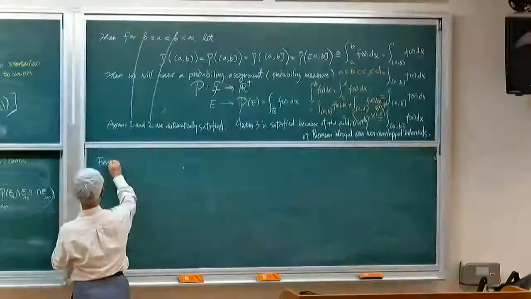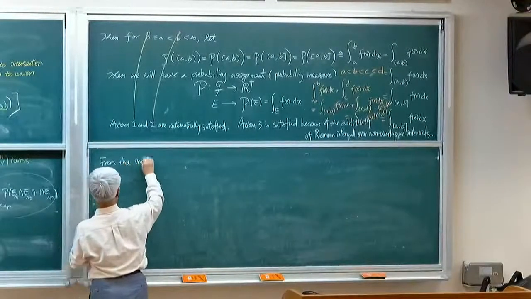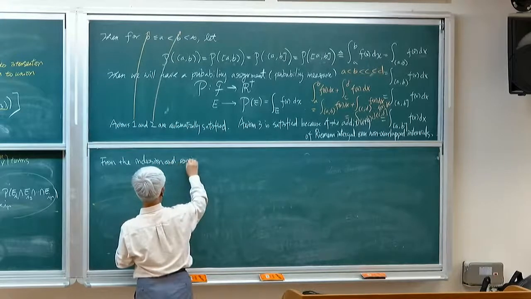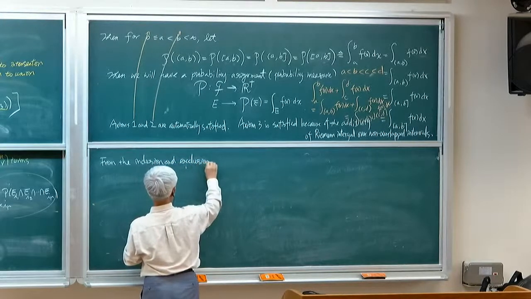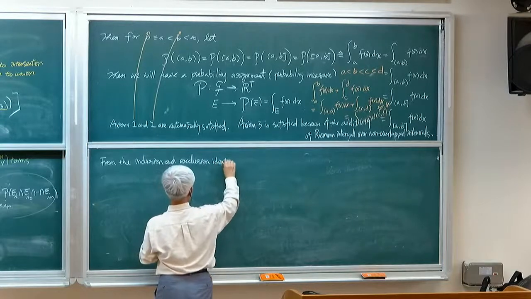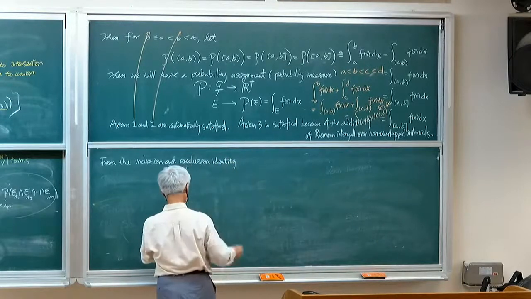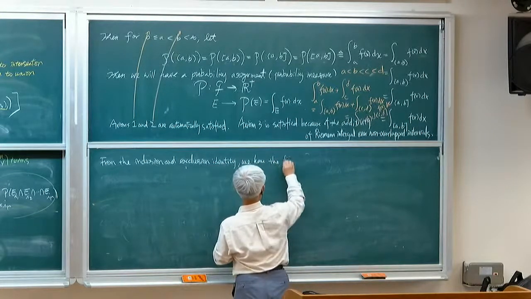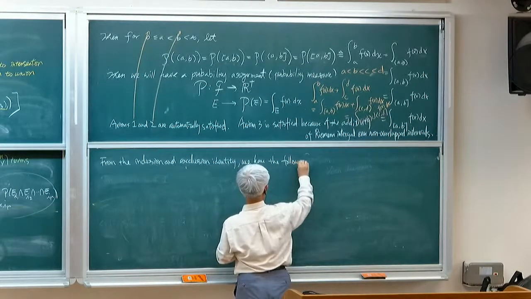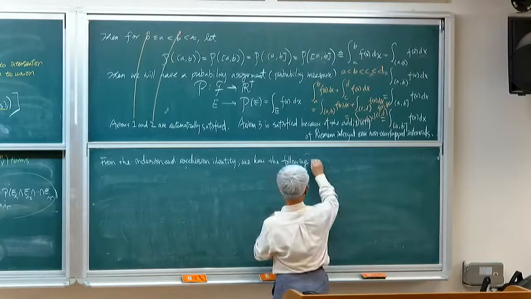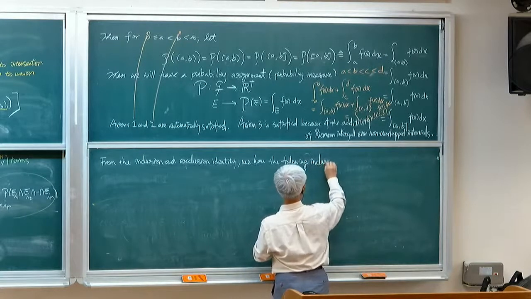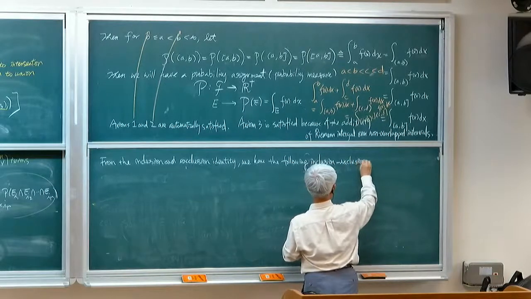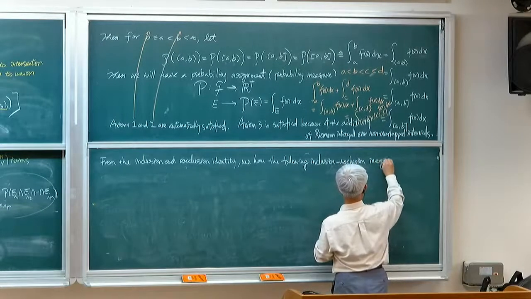From the inclusion and exclusion identity, we have the following inclusion and exclusion inequalities.